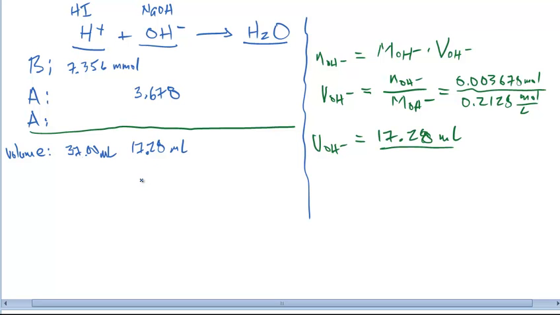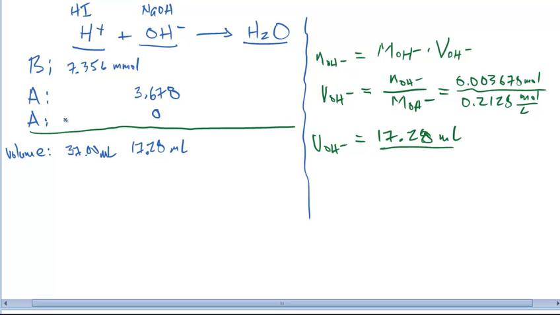Now let's see. At that point, all of the OH minus will have reacted with the H plus. If you look at this reaction in terms of stoichiometry, the H plus is the excess reactant when you've only put in half equivalence of OH minus. So OH minus is, in a sense, the limiting reactant here. And so you'll have 0 hydroxide left over at that point.